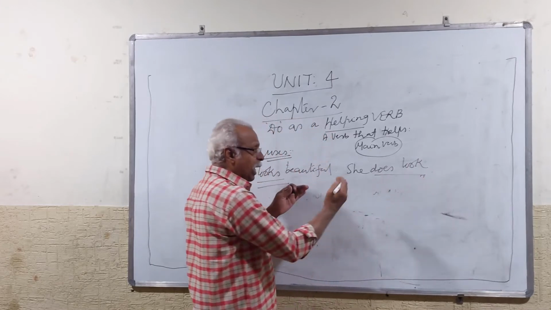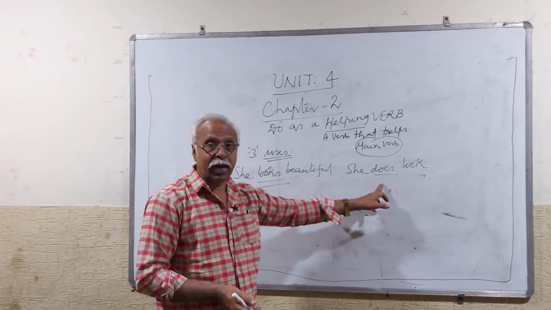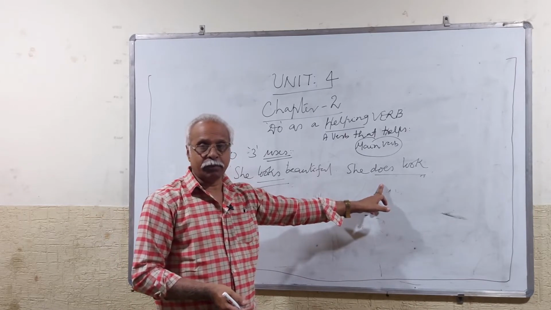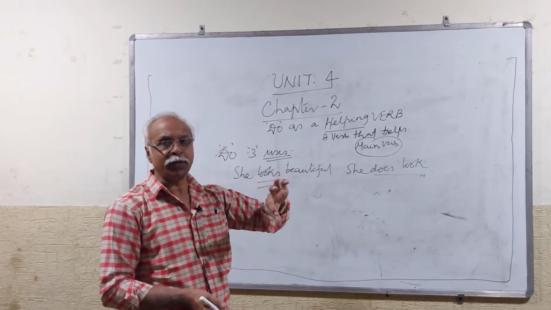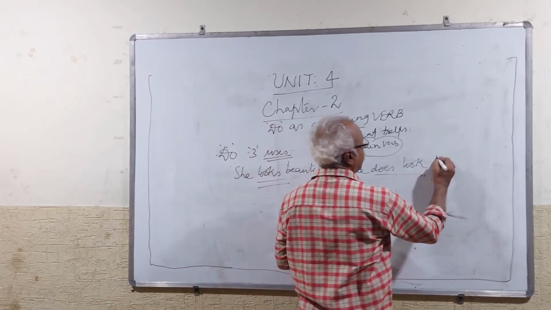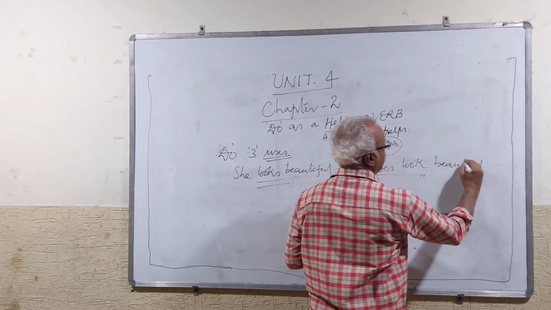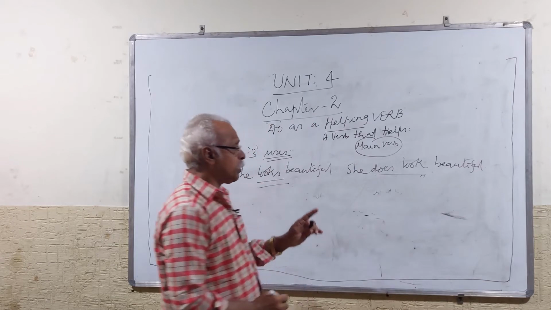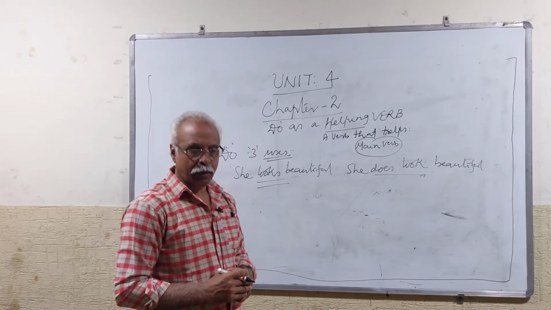We simply add does there. Don't think does is not working there as a helping verb. It's a helping verb, but used to emphasize: she does look beautiful. Emphasis. Am I clear?